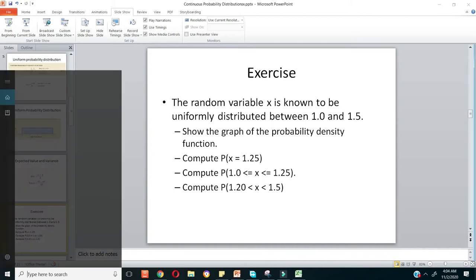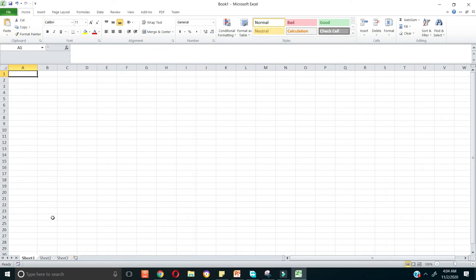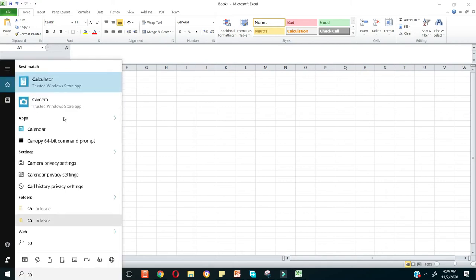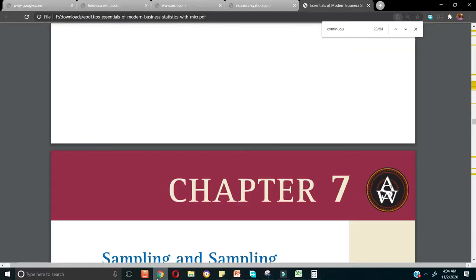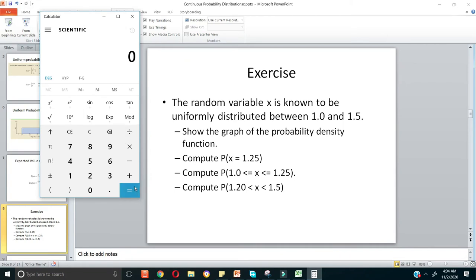Then, for the height of the graph, it is basically 1 divided by (1.5 minus 1), so 1 divided by 0.5 is the height of the graph.